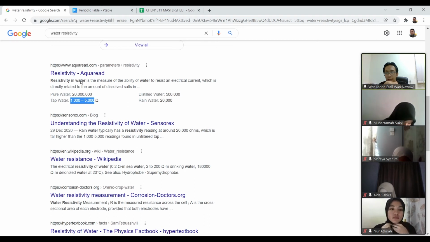This resistivity is how much water can resist the electron flow, meaning the higher the resistivity, the poorer the conductor it is. The tap water has a resistivity of around 1000 to 5000.